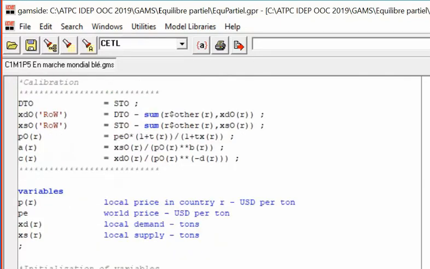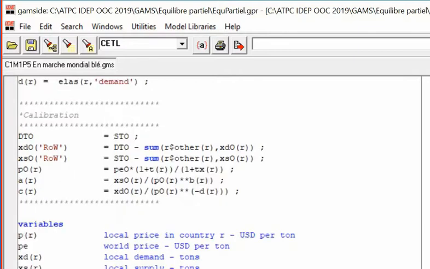Then the calibration, which is really important. In this calibration, you have only 6 equations. I remind you that this calibration is aimed at giving values to all the parameters which will be used in the model. For example, A and C, which are size parameters of the supply and demand functions.